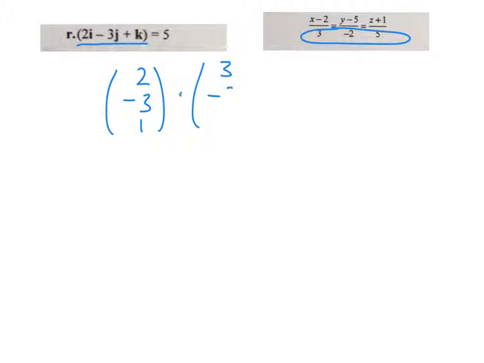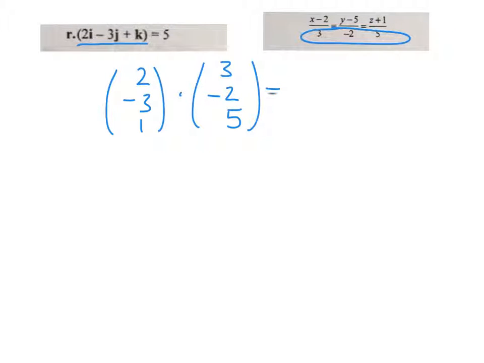So I want to start the next part by finding the angle between the normal to the plane, so that's (2, minus 3, 1), and the direction of the line, (3, minus 2, 5).